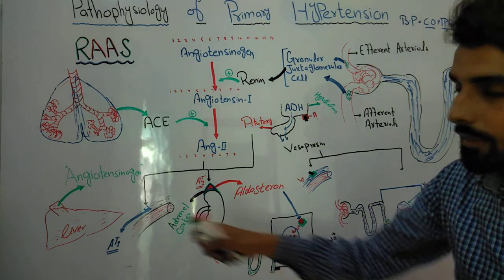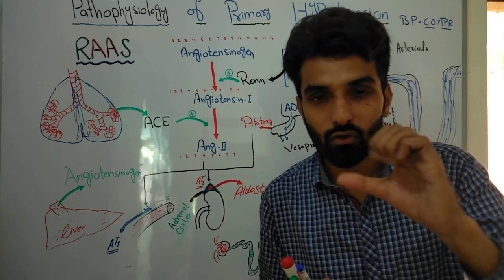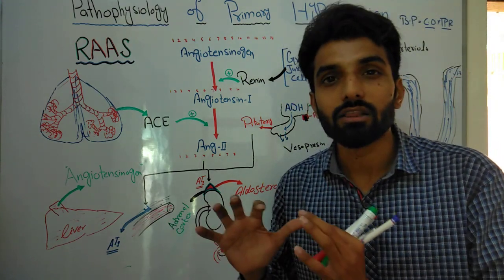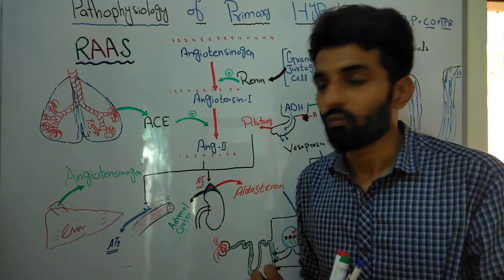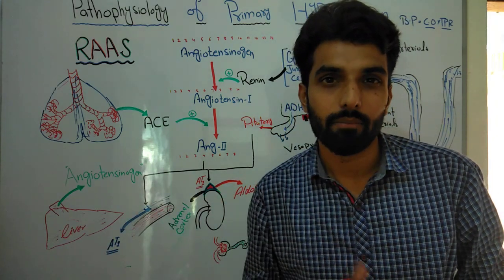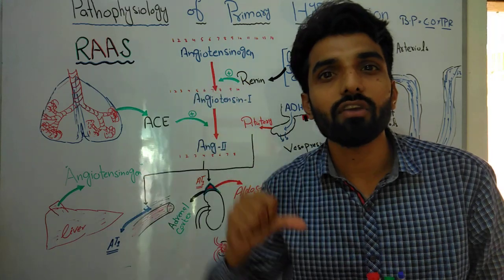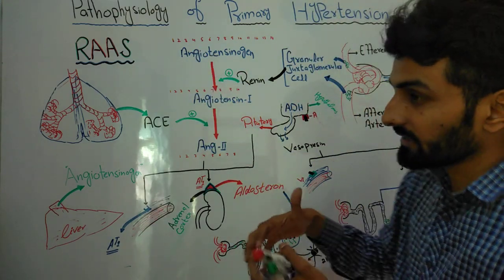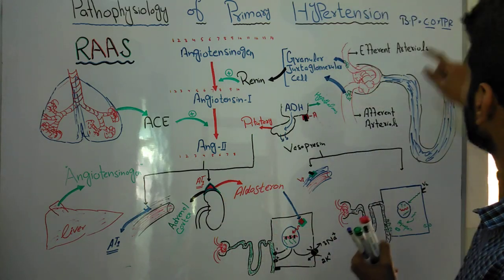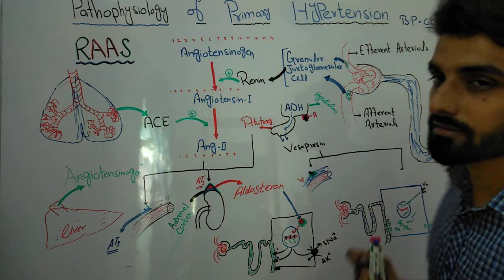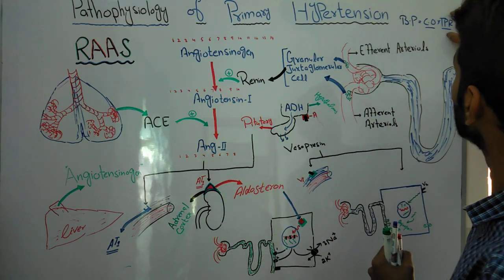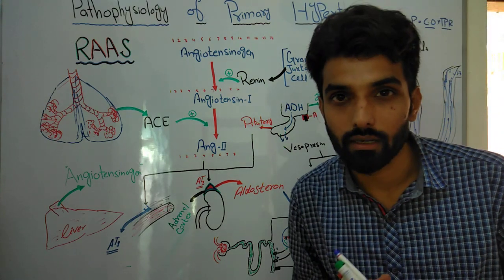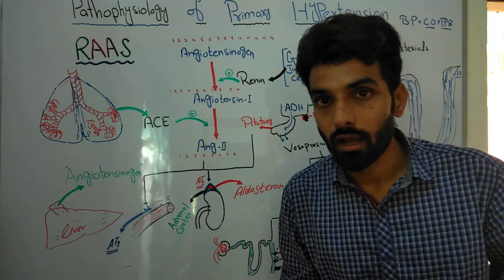So if the blood vessel is constricted, blood has to face lots of resistance while moving through it, because the size of the lumen has decreased, so resistance has increased. It means TPR, total peripheral resistance, will increase, and when total peripheral resistance increases, ultimately blood pressure will go high.